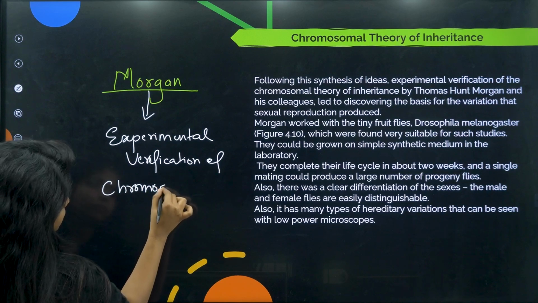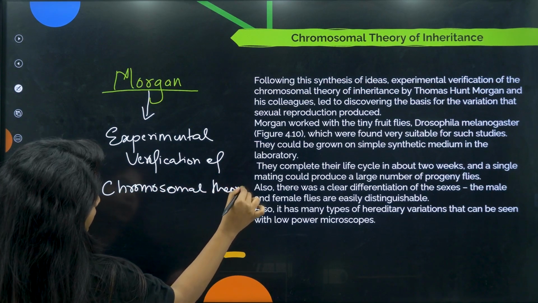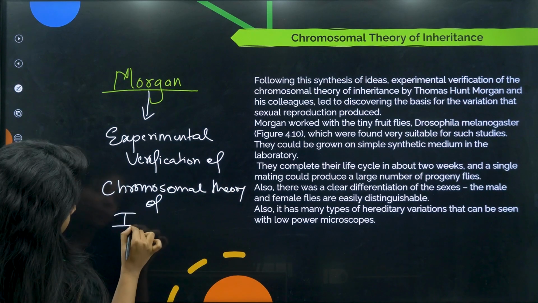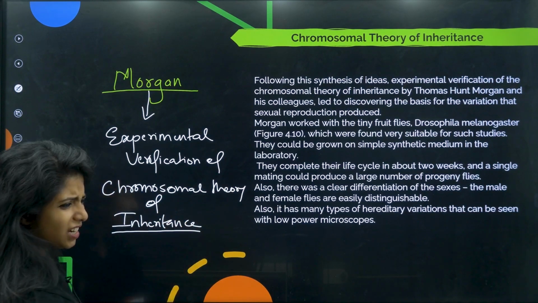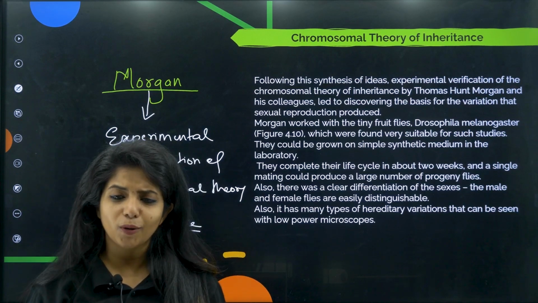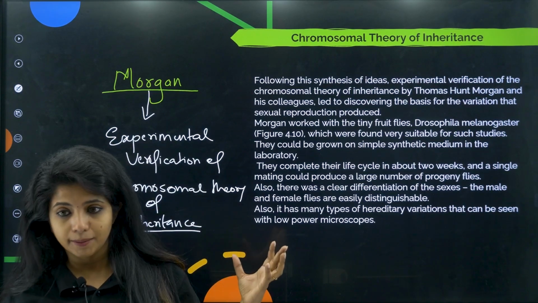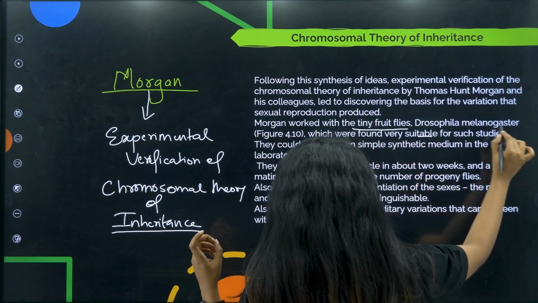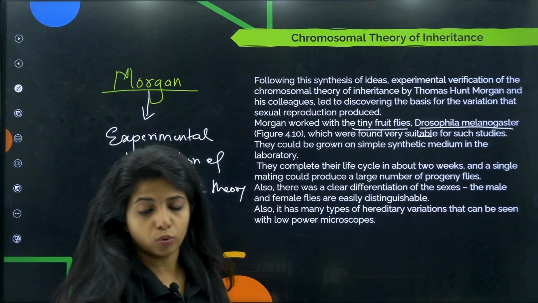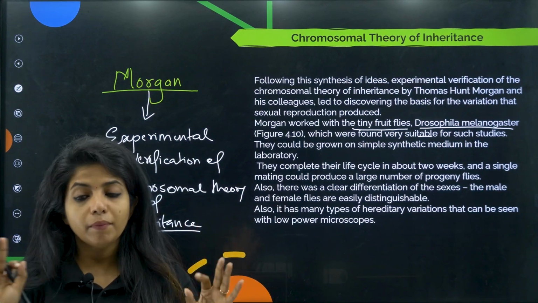Chromosomal theory of inheritance. And for this he didn't use the garden pea plants. He said there's too much work on garden pea plants done already. I want to check this on something else, and this something is tiny fruit flies, which you call Drosophila melanogaster. So the scientific name of the fruit flies is Drosophila melanogaster.